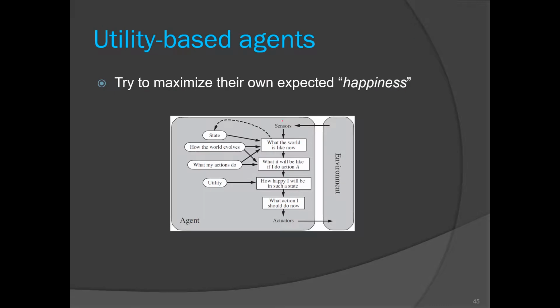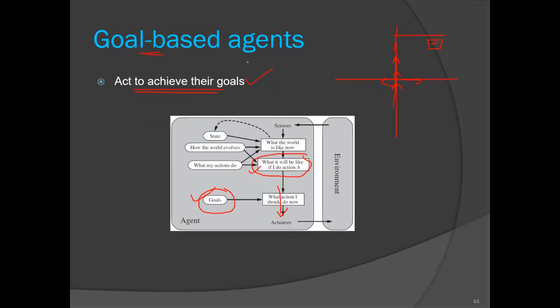Now the last type of agent is known as utility based agents. See here, what was the problem with the goal based agent? Here the goal is actually a crude distinction between successful and unsuccessful, meaning whether you have reached the goal or not. But we haven't talked about the quality of a ride, whether it was a safe ride, whether it was a legal ride.